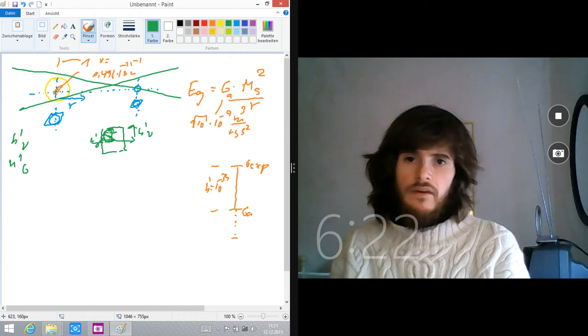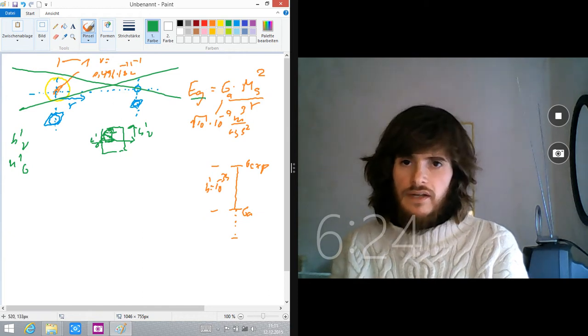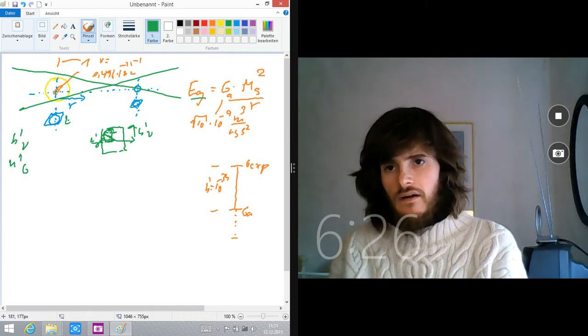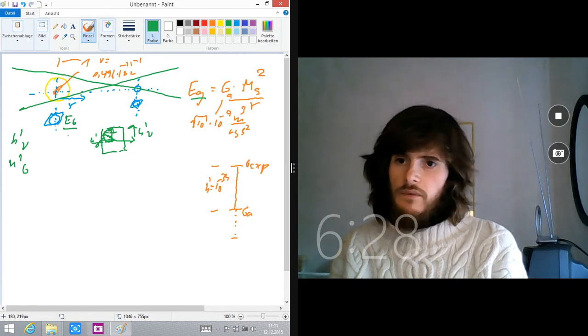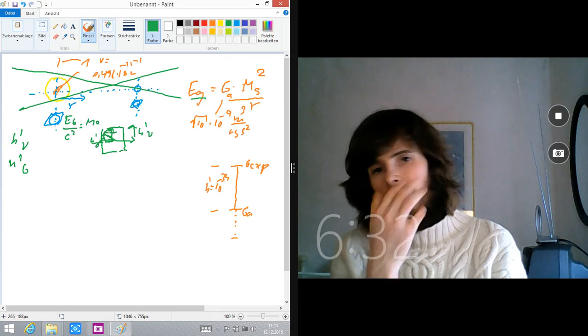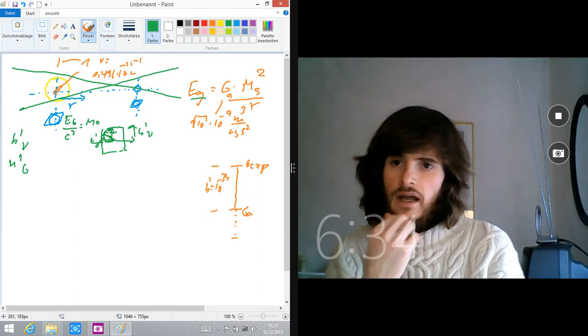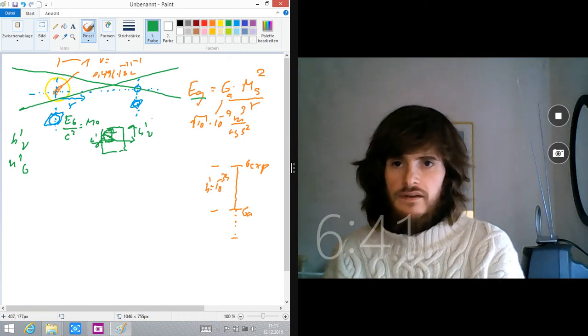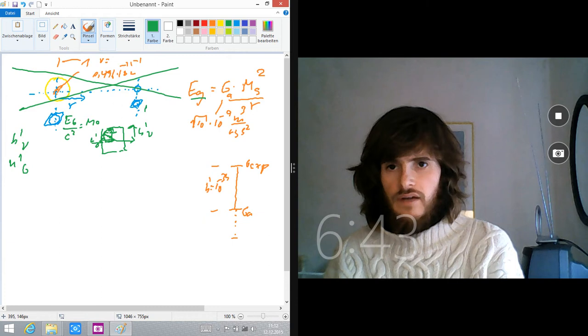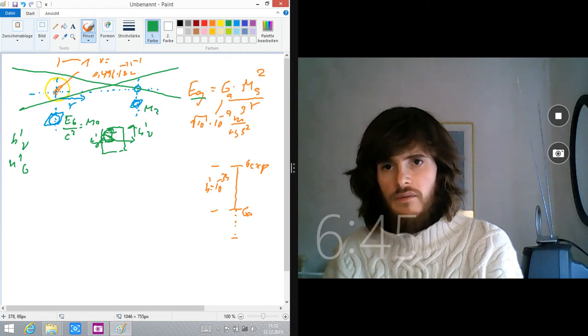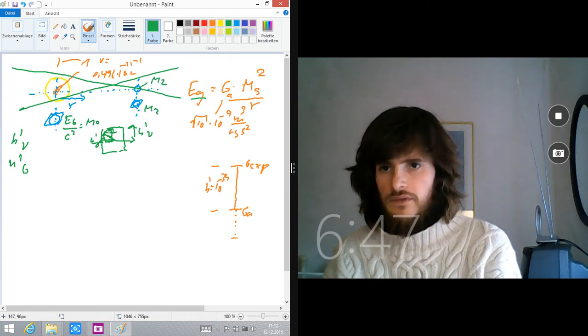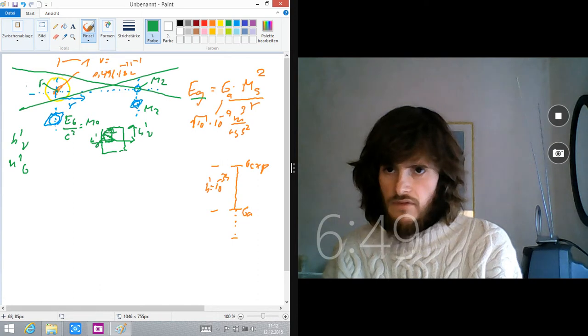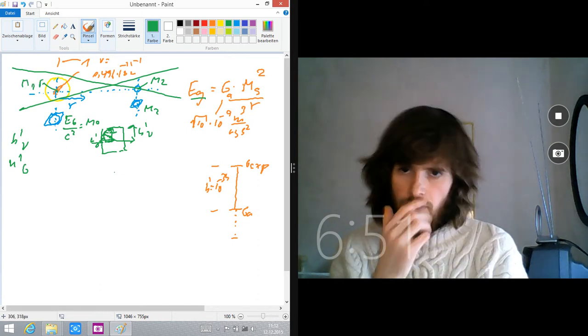Okay, then we have the gravitational energy divided by c square is the rest mass, and for this distance here, we get the rest mass of the Earth, m2. This is the mass of the Earth, m2. This is m1. Okay.